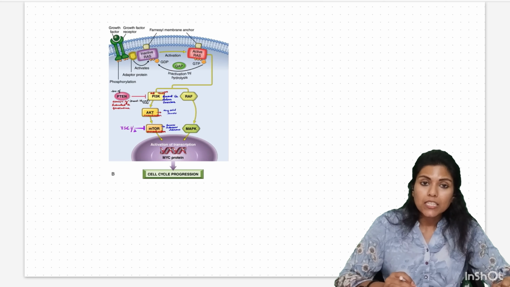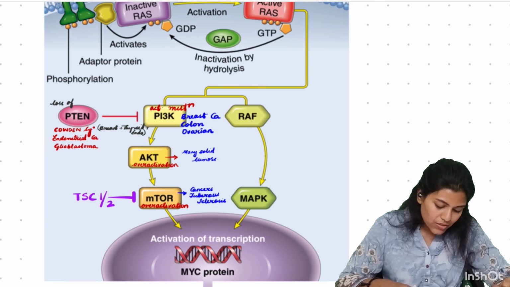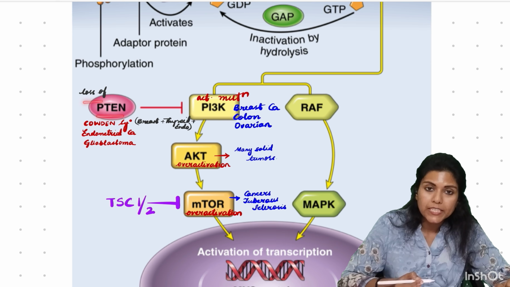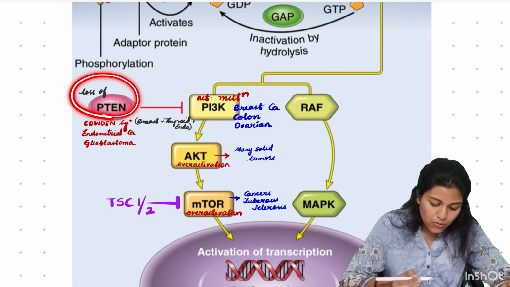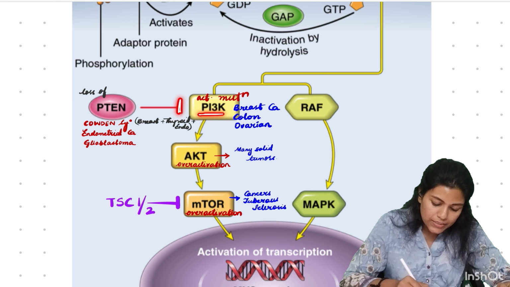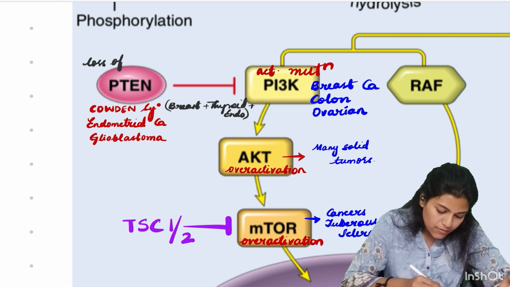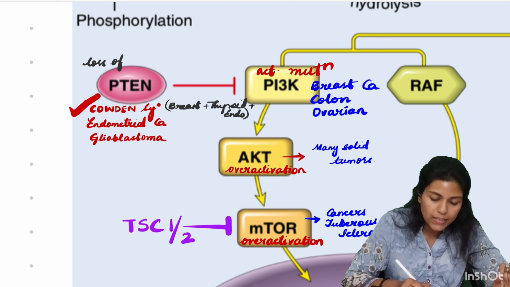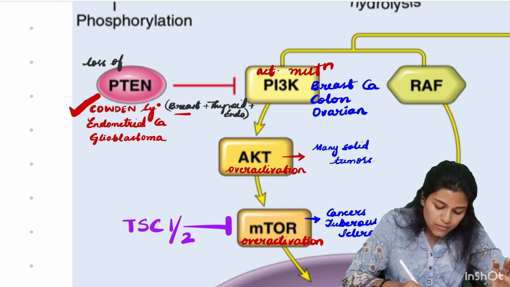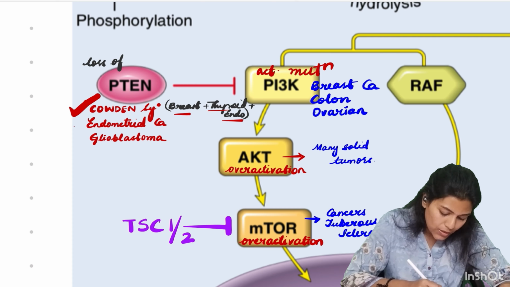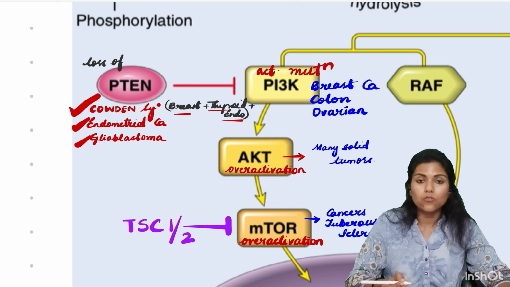Now coming to the clinical correlation. As I said, PTEN is a tumor suppressor gene. Whenever there is loss of PTEN because of mutations, the brake on PI3K is lost. This loss of PTEN results in a syndrome called Cowden syndrome, a triad of breast cancer, thyroid cancer, and endometrial cancer, or it can cause simply endometrial cancer and glioblastoma.